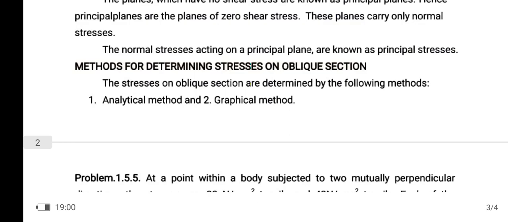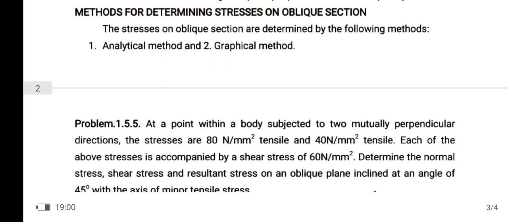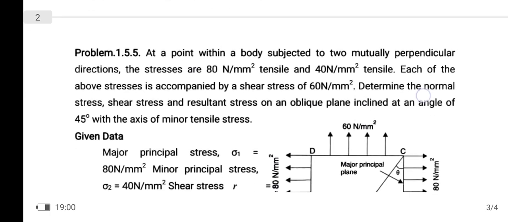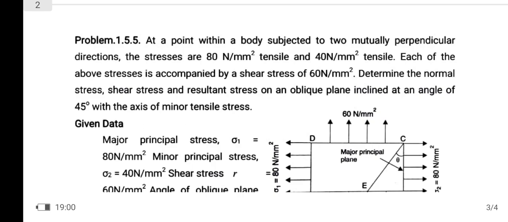Methods of determining the stresses on an oblique section. The stresses on an oblique section are determined by the following methods: analytical method and graphical method. Problem: at a point within a body subjected to two mutually perpendicular directions, the stresses are 80 N/mm² tensile and 40 N/mm² tensile.